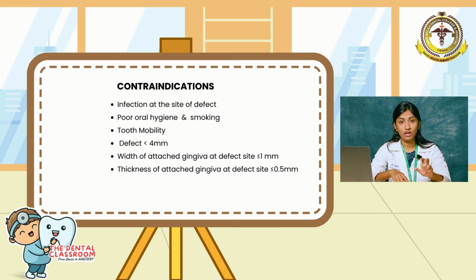Soft tissue phenotype also plays an important role. We need adequate attached gingiva and gingival thickness to achieve primary wound closure, which is the first step in the biological basis of GTR. If adequate soft tissue is not there, you are not going to do the regeneration or GTR procedures.